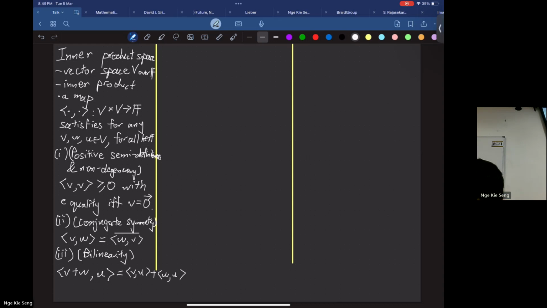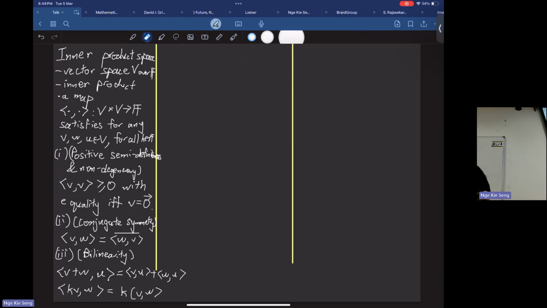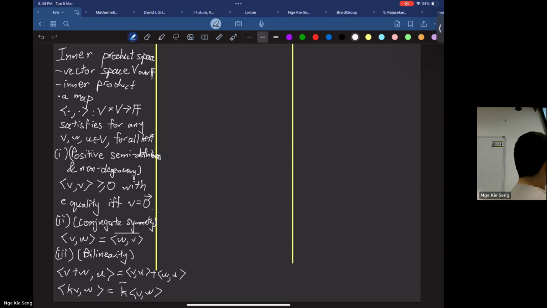What else? If I have a scalar multiple of v inner product with w, I can pull the scalar out, but I have an extra condition here: I need to take the conjugate of k, the conjugate of the scalar.